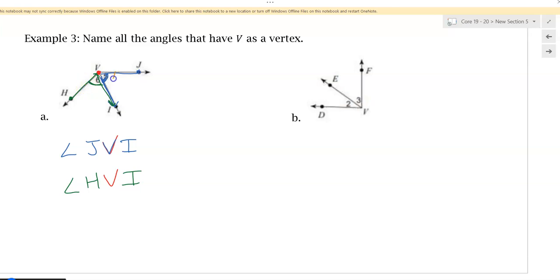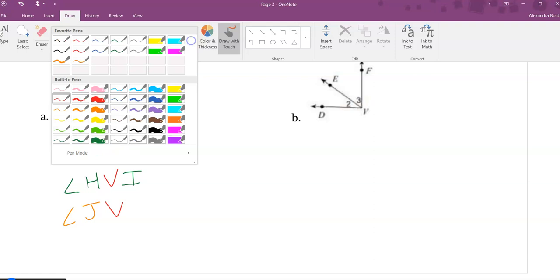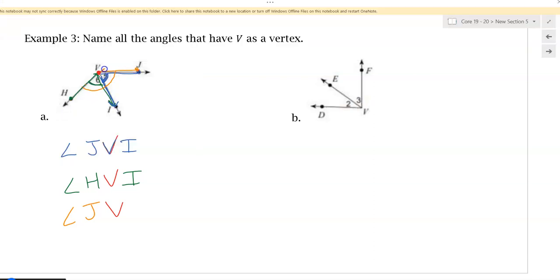I could start here and go all the way. So I'm going to start at J. I go to V because it's in the middle, right? And then I have to go to H. Okay, and that's going all the way through. Okay, so there's the 3 angles.